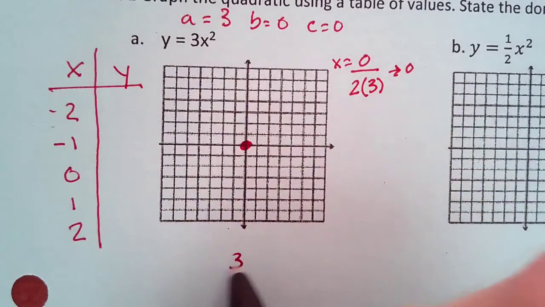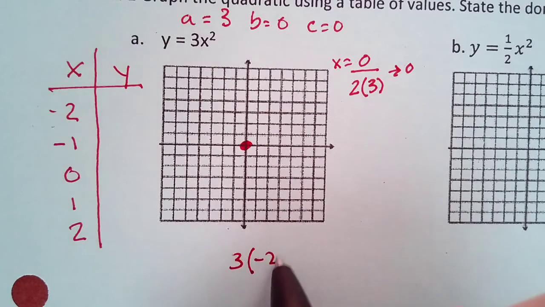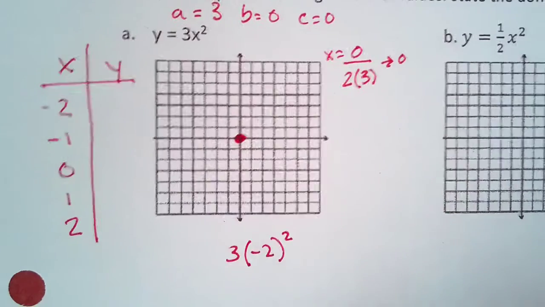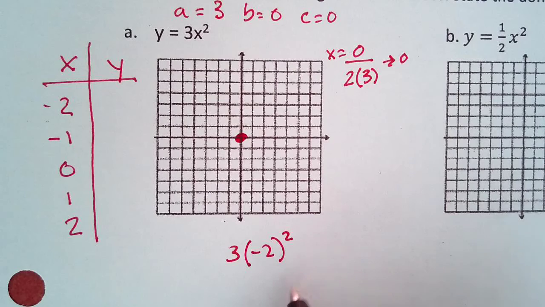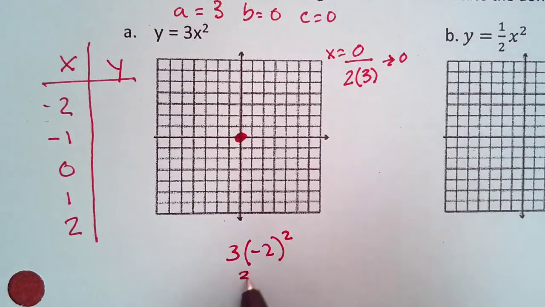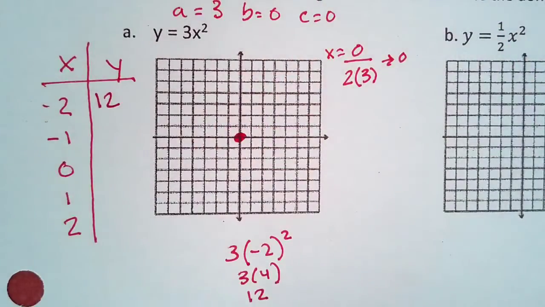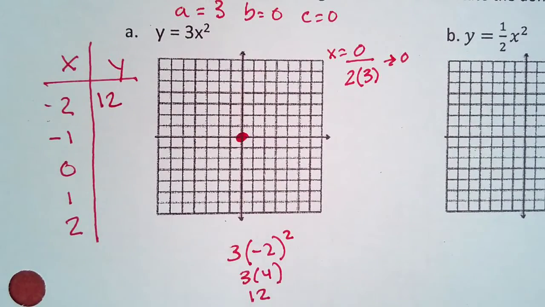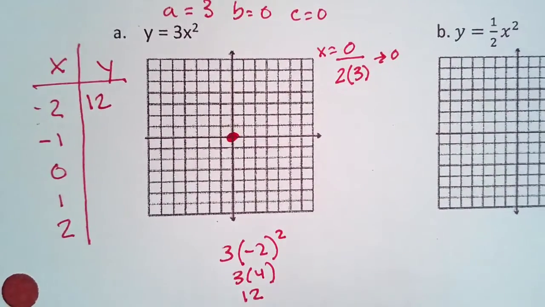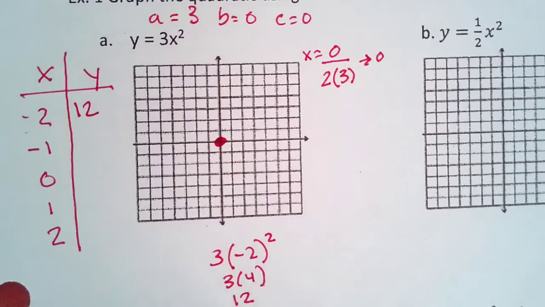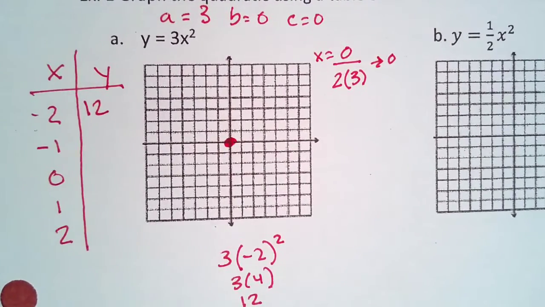So it would be 3 times negative 2 squared. Order of operations says do the exponents first. So what's negative 2 squared? 4, so it'd be 3 times 4, which is 12. I could do that for every single one, but that might be kind of tedious, might be kind of time consuming.